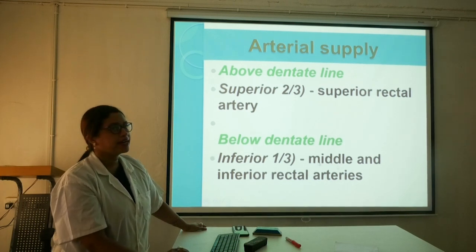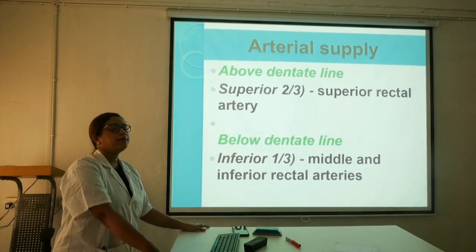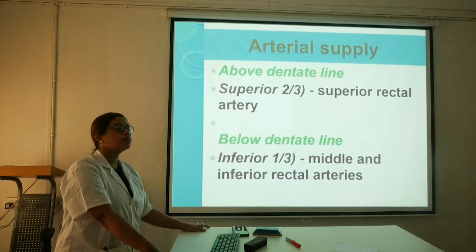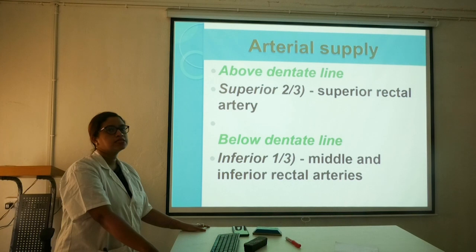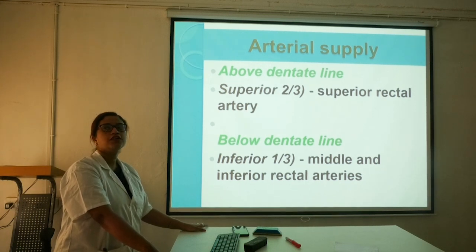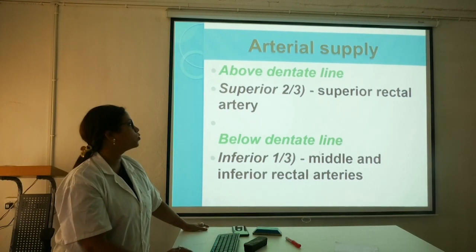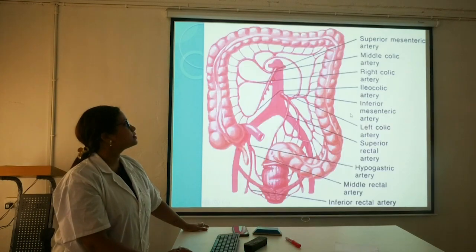And inferior rectal is a branch of internal pudendal. Now tell me, among them which is doing the portocaval anastomosis? Will the middle one do it or the inferior one? Sure? Okay, the inferior one will do it.